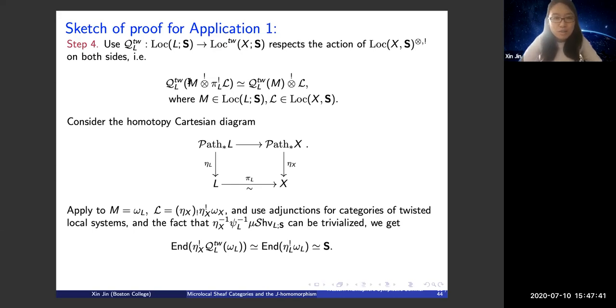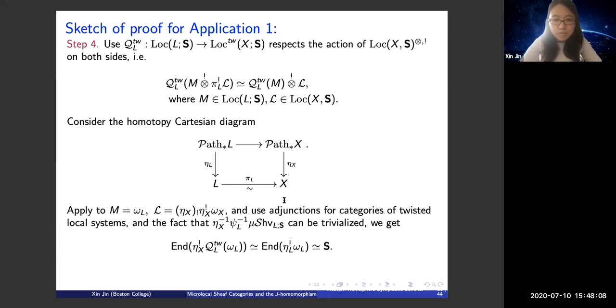Then using that this is fully faithful, when you compute the Hom between M tensor this pullback and M itself, this is isomorphic to the Hom between this thing and QL twist M. Then using adjunction, you get this isomorphism.